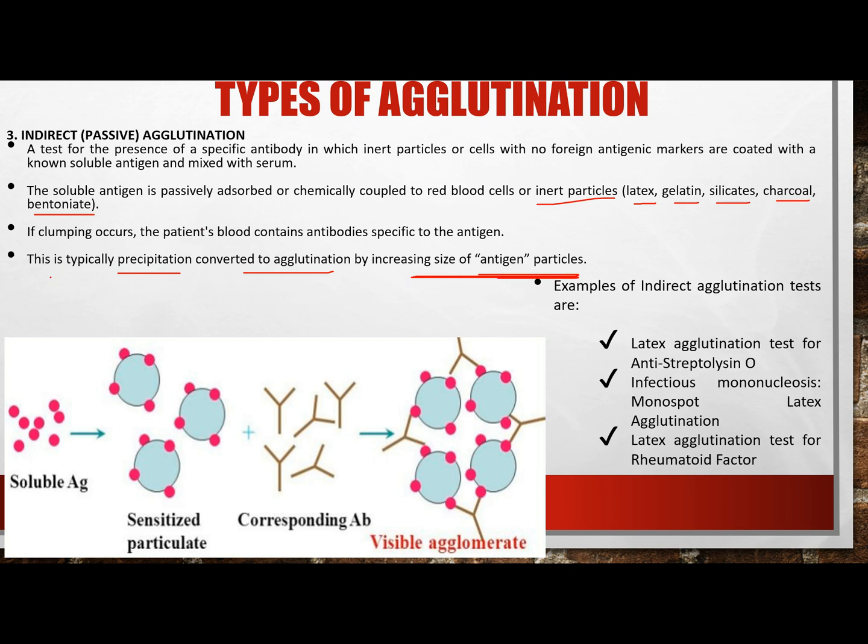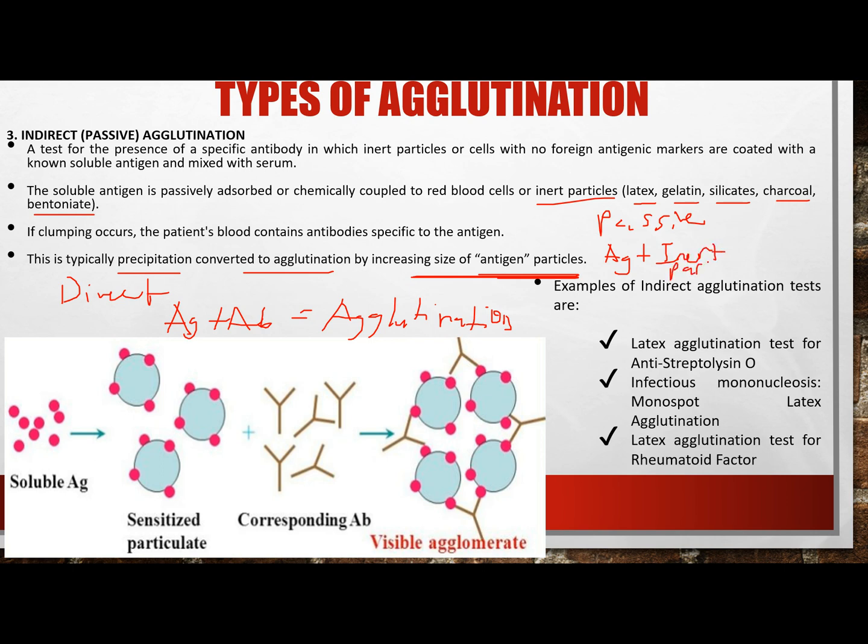So if we want to compare this with direct agglutination, class, in direct agglutination you would only use your antigen plus antibody to produce agglutination. But in passive, as I mentioned earlier, you would use antigen plus your inert particle. When you say inert, it's inactive.